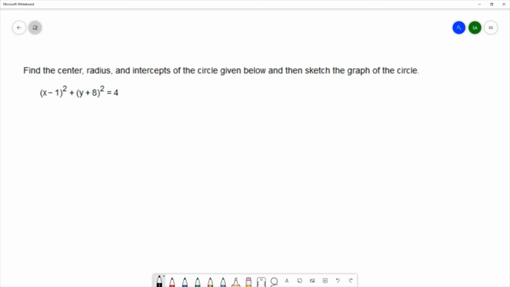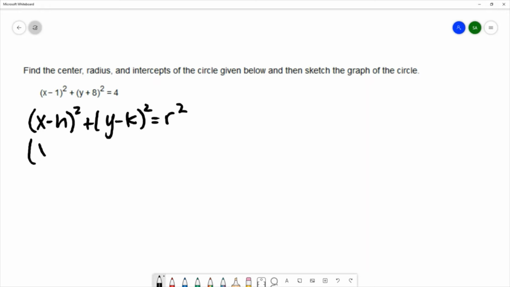The standard form of a circle is (x minus h) squared plus (y minus k) squared equals r squared. And this matches that format.